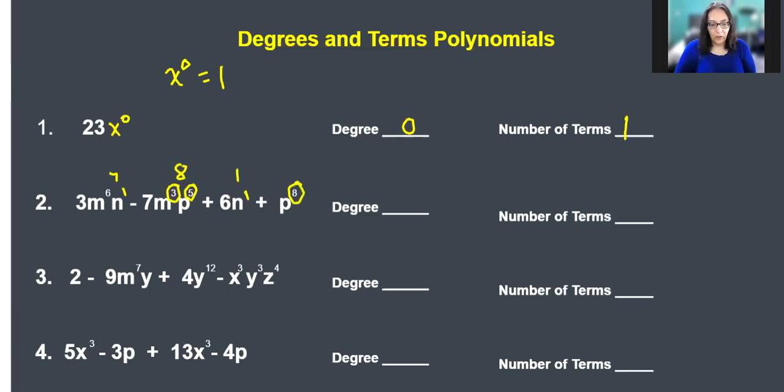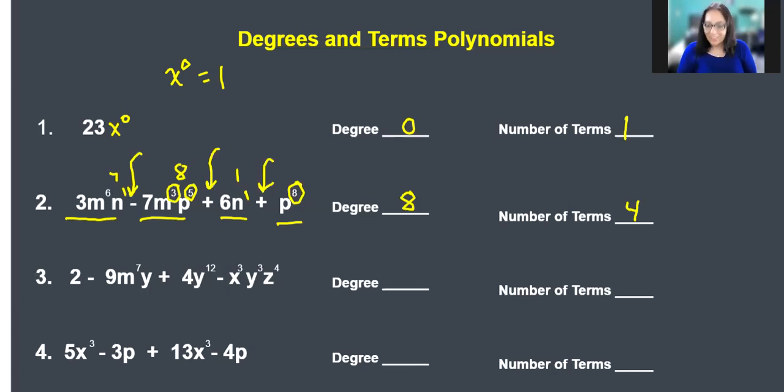So what's the largest? Well, we've got a tie here for 8, so 8 is our degree. And then how many terms do we have? I got 1 term, 2 terms, 3 terms, 4 terms. Remember, our terms are separated by operations. I've got 1 operation, 2 operations, 3 operations. It's always 1 more than that.